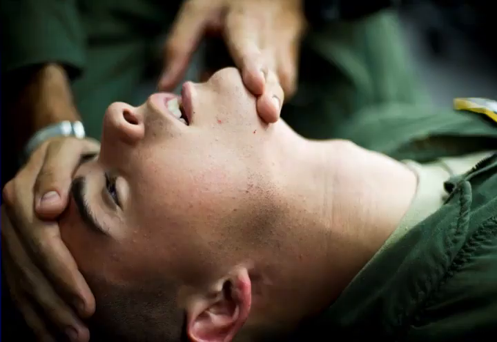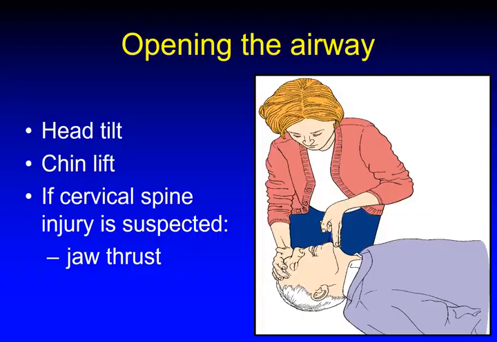This is the technique of head tilt, chin lift. Head tilt, chin lift can open the airway by getting the tongue away from the posterior pharyngeal wall. But if cervical spine injury is suspected, you can do the jaw thrust maneuver.